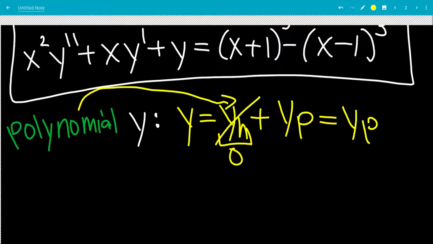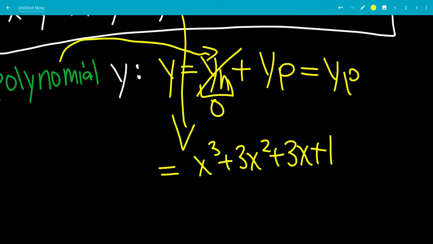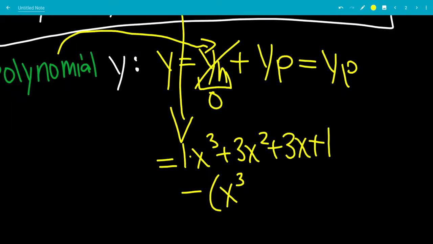On the right-hand side, we have (x plus 1) cubed minus (x minus 1) cubed. So let's expand that out with the binomial theorem. We're going to be left with x cubed plus 3x squared plus 3x plus 1. That's Pascal's triangle and the coefficients 1, 3, 3, 1. And then we're going to have minus the same thing because we have minus 1, but every other term will have a negative sign.